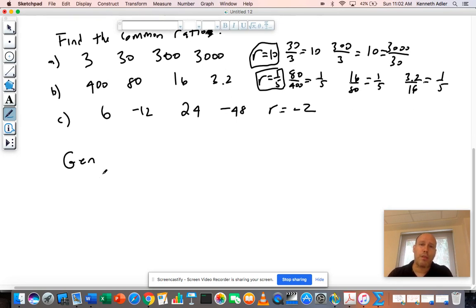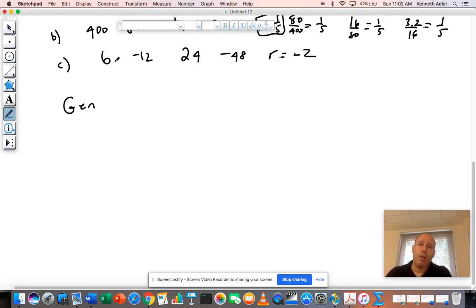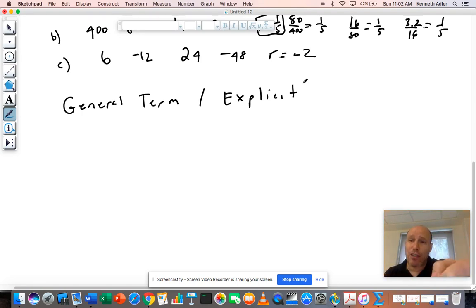Let me scroll up to the top of the page. Something called a general term. Well, that's another way of simply writing the explicit formula. As you recall from the last lesson, the recursive formula just tells you how to get to the next term. The explicit formula tells you how to get directly to a specific term, because I don't want to be adding or multiplying like 20 times. I want to get to the 20th term.